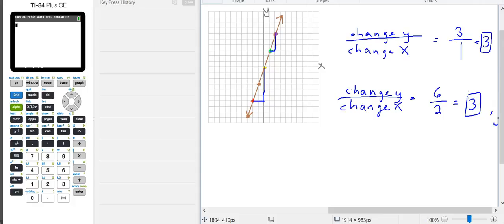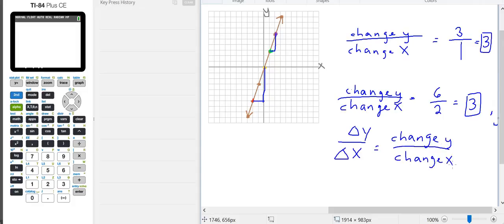Now let's look at notation for this. Change in y can be written as delta y over delta x. This means the exact same thing as change in y over the change in x. And even if we didn't have a graph, we would be able to see what the slope of a line is or what the slope of 2 points are.